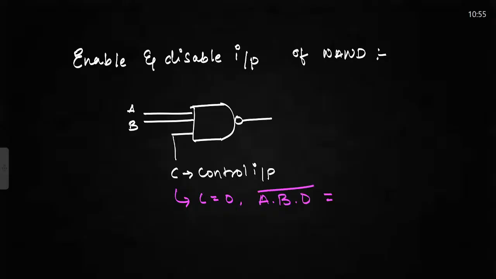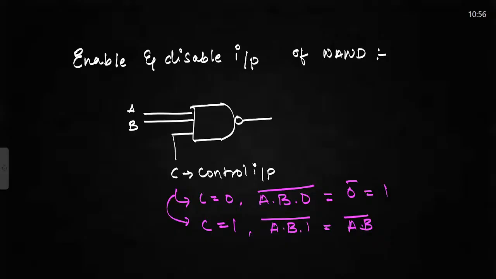So I am having 0 bar, that will be 1. So I am having constant 1 as output. Now if I take C equal to 1, then (A·B·1)bar, I am getting (A·B)bar. So now you understand the control, enable and disable inputs.